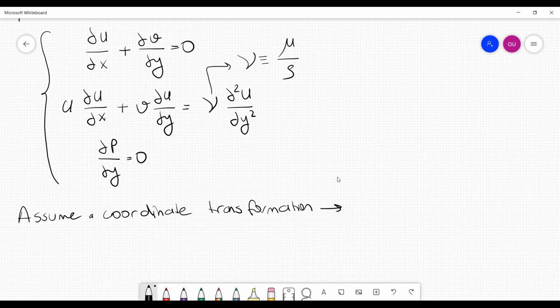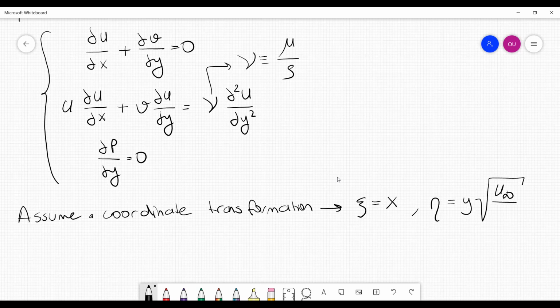The definitions were a variable xi, which is chosen to be equal to x, and the variable eta, which is defined as y times the square root of u infinity, the velocity, divided by the kinematic viscosity times x.